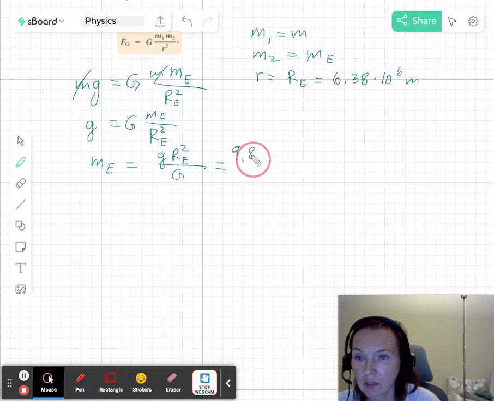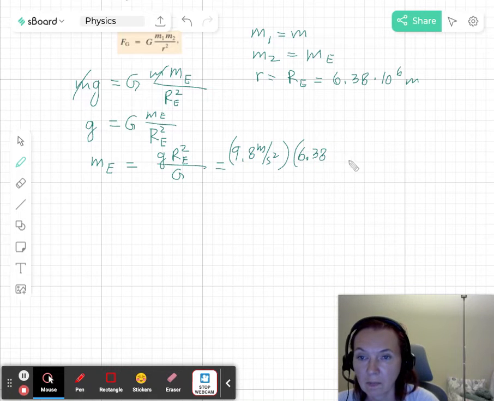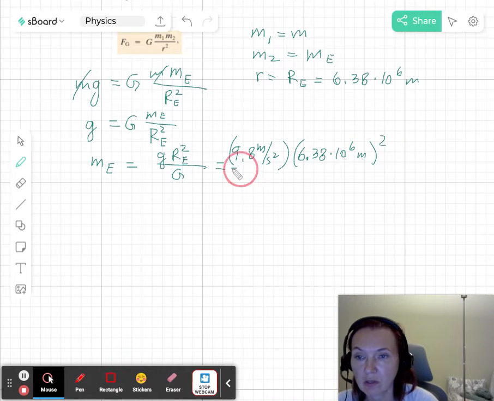Now let's plug in the values that we know. We know 9.8 meters per second squared for g. The radius of the Earth, we just said, is 6.38 times 10 to the power 6 meters, and it has to be squared.